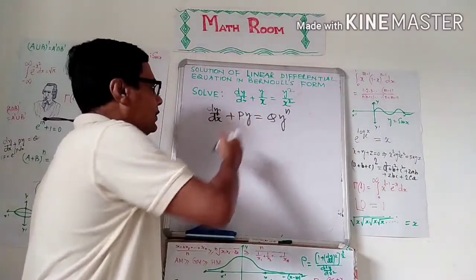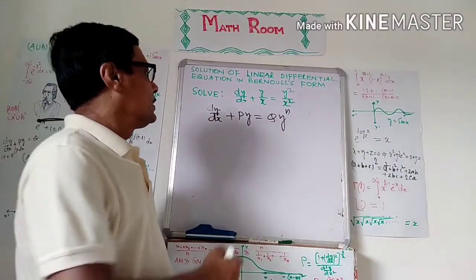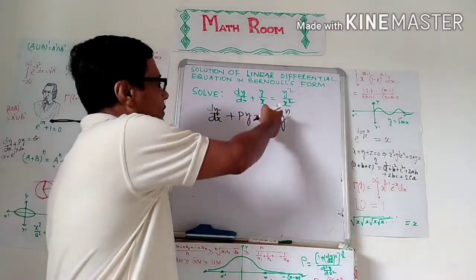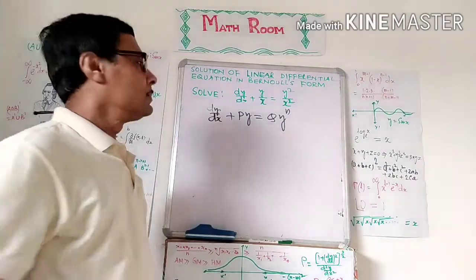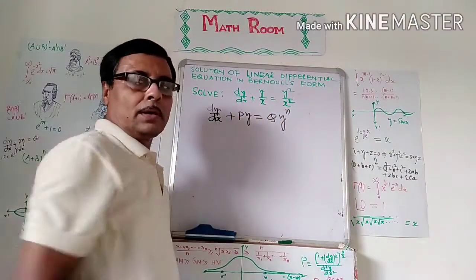To make this equation a perfect linear differential equation, we have to divide this equation by y to the power n.